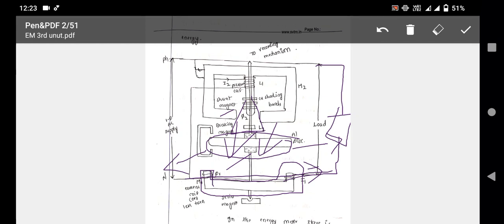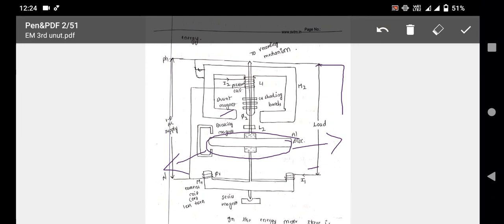Aluminum disc is a current carrying conductor. The interaction of two fluxes creates a force on the aluminum disc, and a driving torque will be produced. Driving torque is proportional to energy consumed.